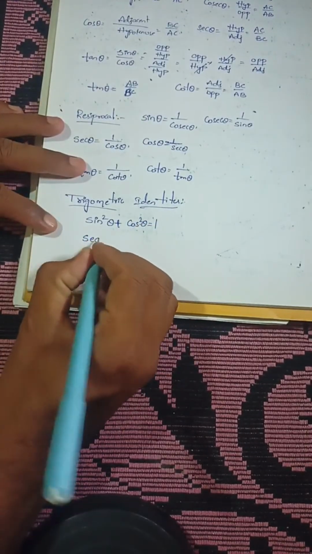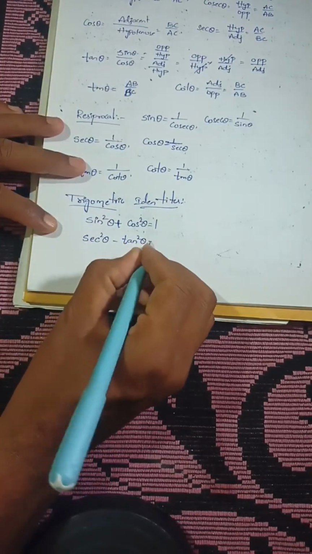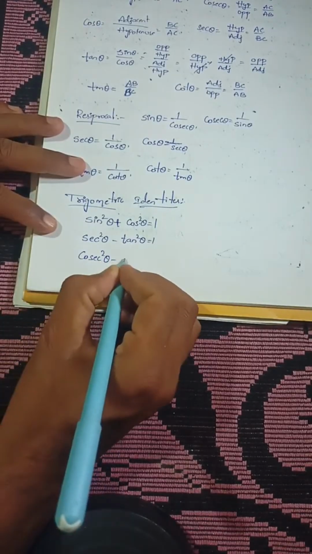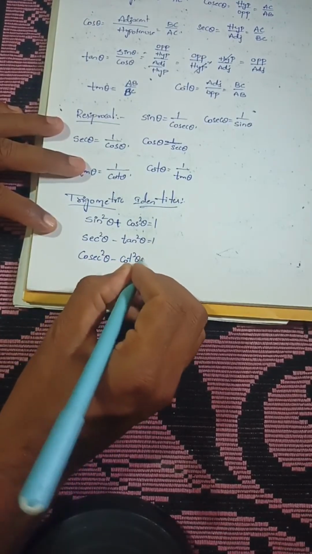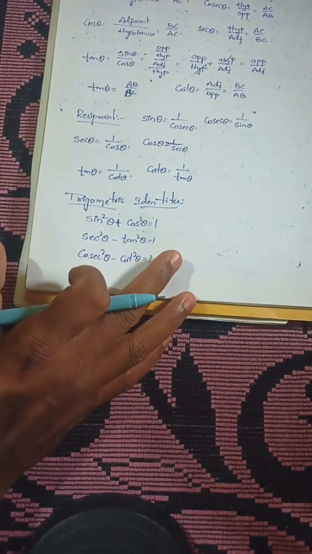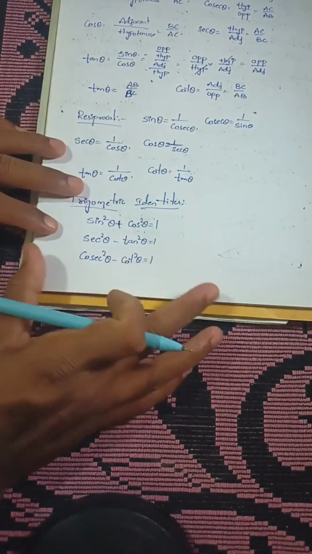Second one, secant square theta minus tan square theta is equal to 1. Last and final is cosecant square theta minus cot square theta is equal to 1. So these are the three trigonometric identities which we have to keep in mind compulsorily. Now I'll expand these three identities one by one. Lastly, we are going to write the trigonometric table.